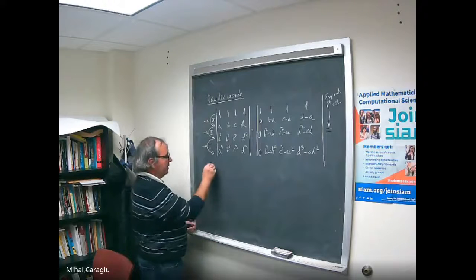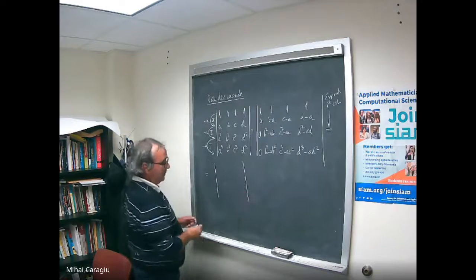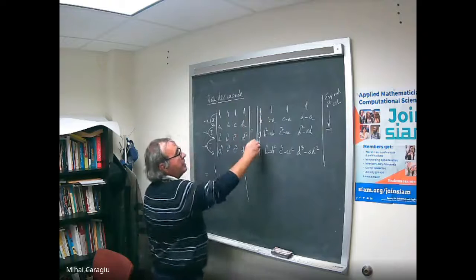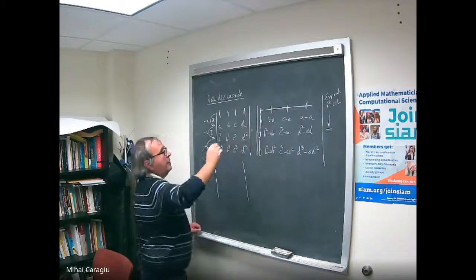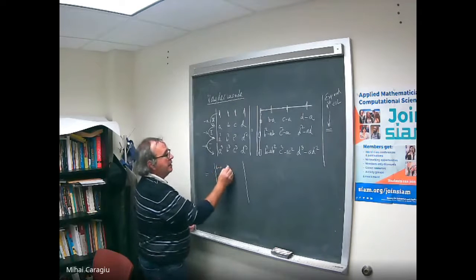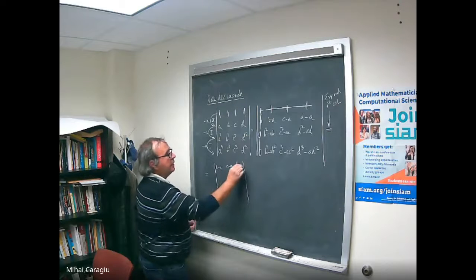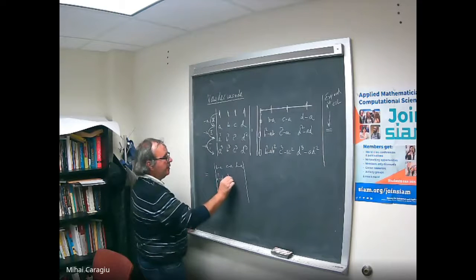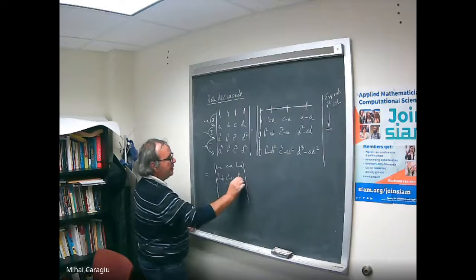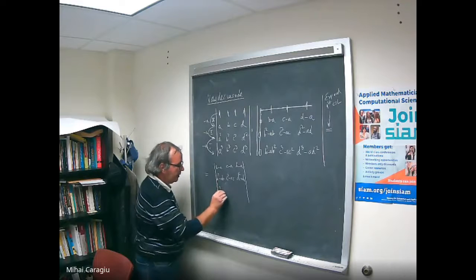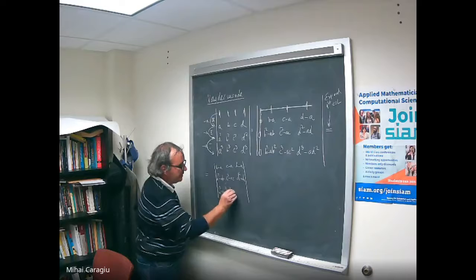And we'll get the determinant of: removing the row and the column of the upper left corner, we'll get b minus a, c minus a, d minus a; then b squared minus ab, c squared minus ac, d squared minus ad; then b cubed minus ab squared, c cubed minus ac squared, and d cubed minus ad squared.